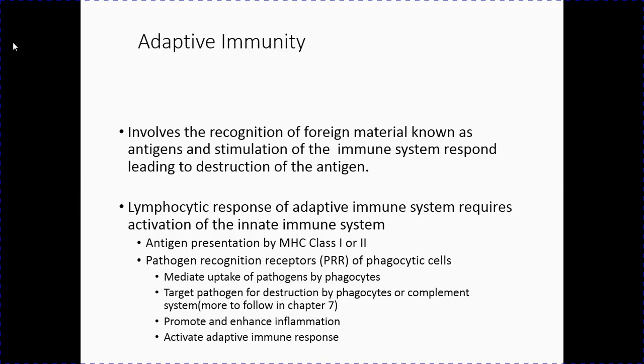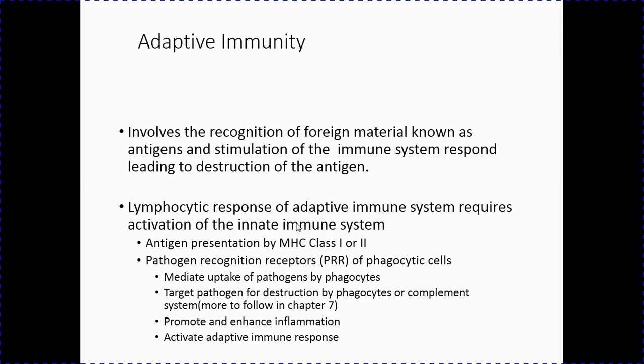The response of the humoral and cell-mediated immune system is reliant, first and foremost, on having been activated by some part of the innate immune system. Absent that, the adaptive immune system is not going to respond.